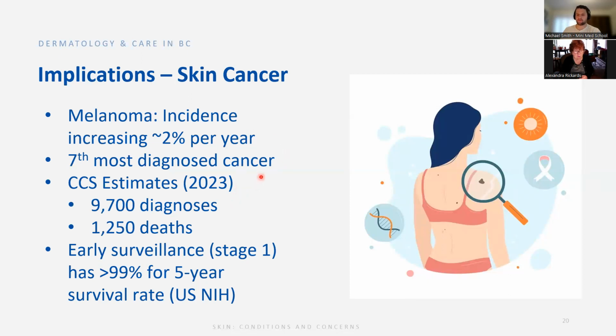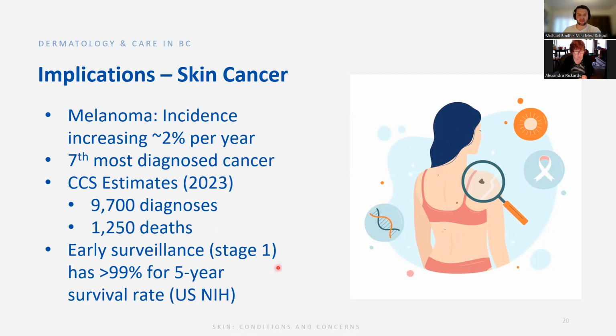And while it might not be the most common cancer diagnosed, it can present without a lot of warning and has a high risk for malignancy. And so here are some stats about how many diagnoses there were of that skin cancer in 2023. And there were almost about, on the upper level, about 10% deaths over that time.